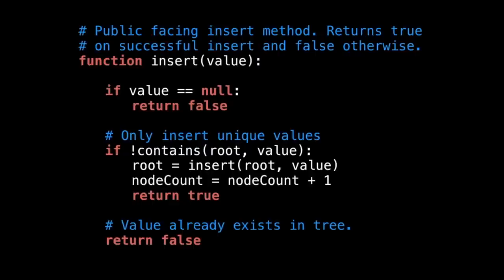For simplicity, we're going to ban duplicate values in our AVL tree. So if the value already exists or the value is null, this method would return false. If the node is not null and it doesn't already exist in the tree, we call our private recursive insert method, where we pass in a pointer to the root node and the value we want to insert.